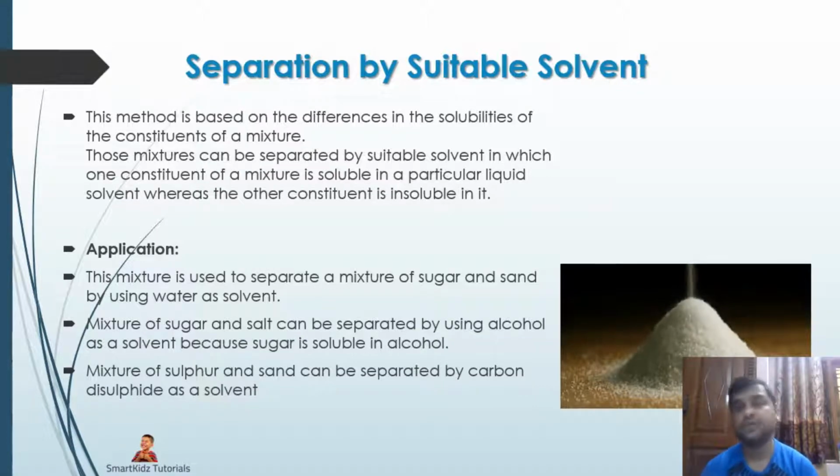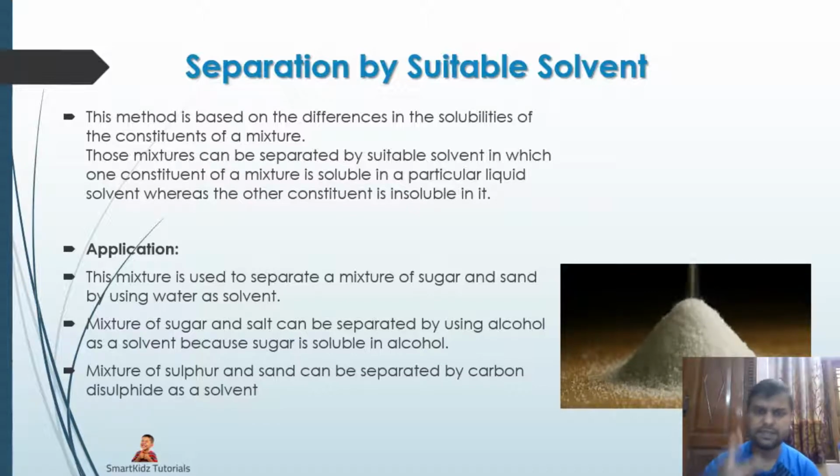How do you know that it has dissolved? When you drink, it tastes sweet. That's how you know that the sugar you mixed in that tea did dissolve. But the tea powder, or the tea leaves, remain on the strainer. So this is how we separate out a mixture containing two solids.